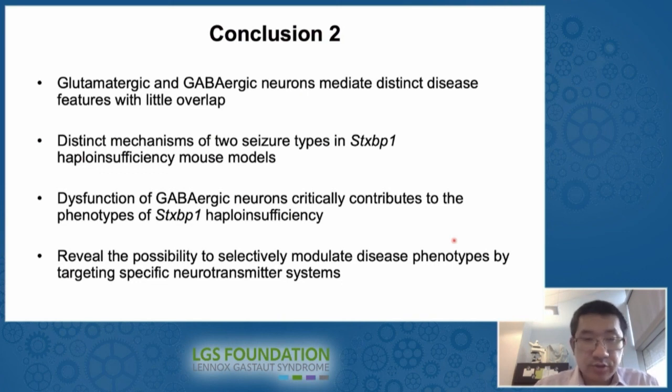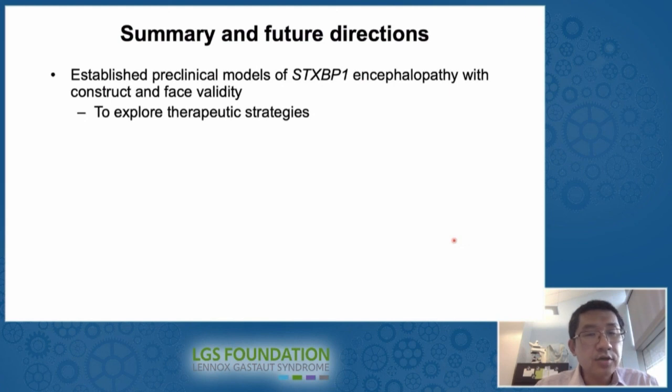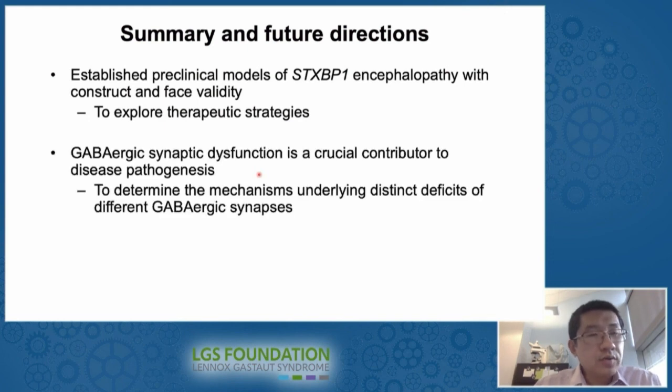So to summarize my talk, I hope that I convinced you that we established two genetic and construct valid models of STXBP1 encephalopathy. And now we are using this model to explore therapeutic strategies. We also show that the GABAergic synaptic dysfunction seems to be a critical contributor to the disease pathogenesis.